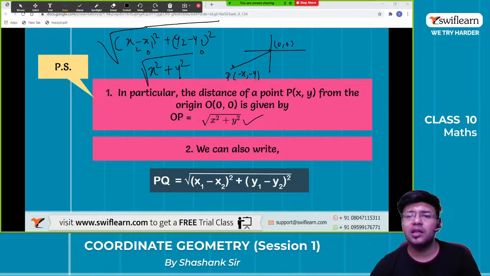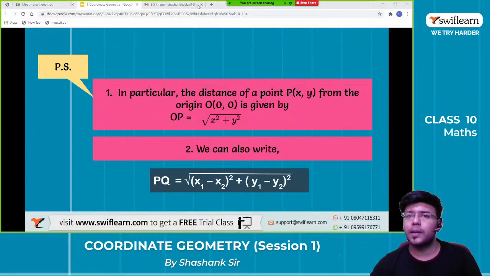So still the answer will be the square root of x square plus y square. This gives the distance from the origin to any point on the Cartesian plane, wherever the point may be. Maybe in the first, second, third or fourth quadrant, this formula remains the same.